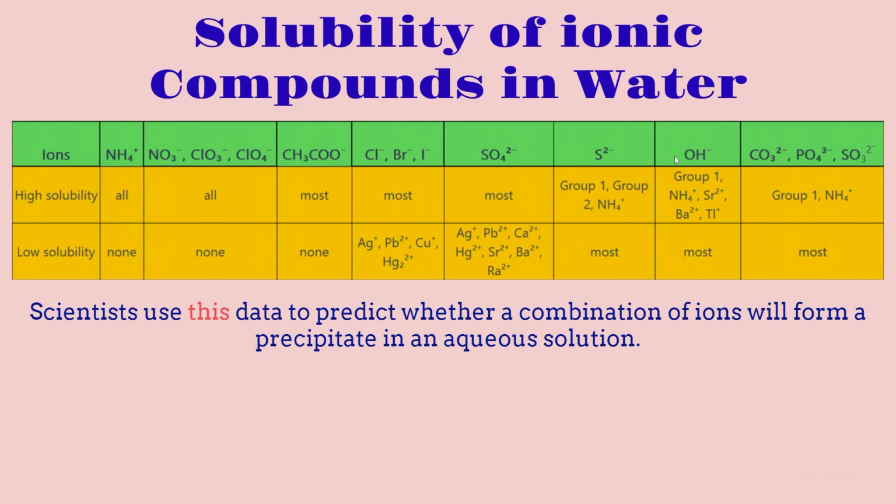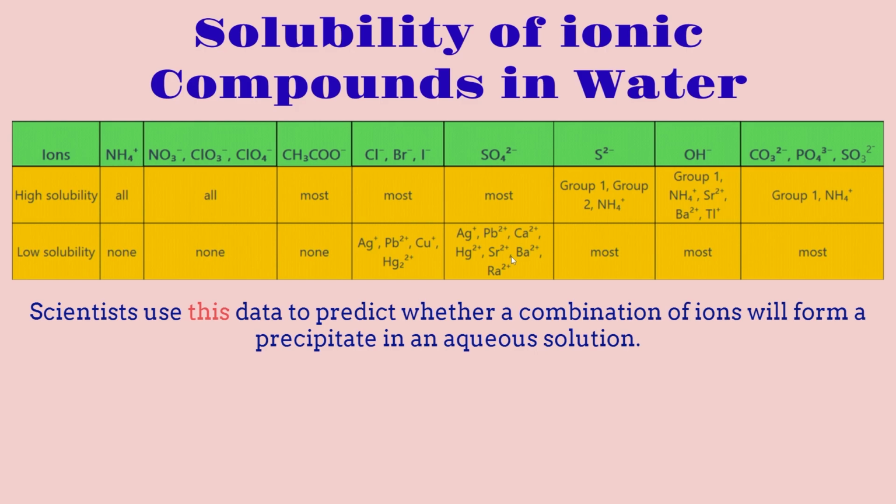So we just need to be careful, because when it combines with certain ionic compounds, it can also become highly soluble. And if we look at another example such as sulfate, it has high solubility. Most of the things that are combined with sulfate have high solubility, except there's an exception. If we have silver or lead or calcium combine with sulfate, then there's going to be a low solubility.